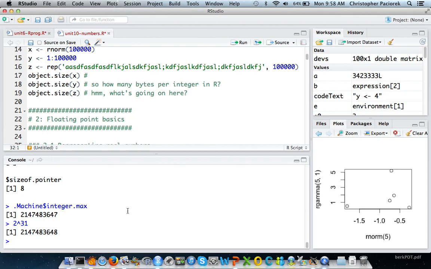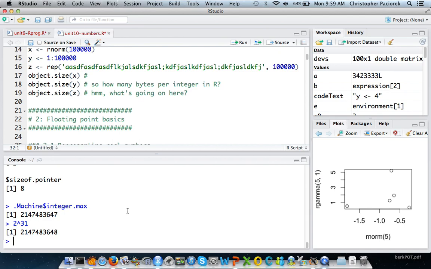So 32 is 8 bits times 4 bytes. And that tells us that indeed R is storing integers in 4 bytes, and it makes sense that this is the maximum value we can store.